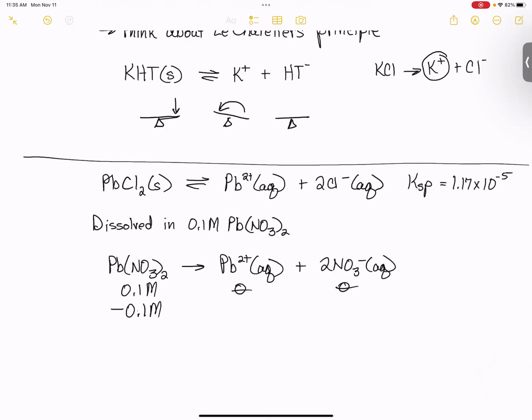For every 1 lead nitrate that dissociates, we make 0.1 molar lead because it's in a 1-to-1 ratio, and you make 2 times that in nitrate. So what you really have in solution is not lead nitrate, which is completely soluble. You have 0.1 lead and you have 0.2 nitrate.